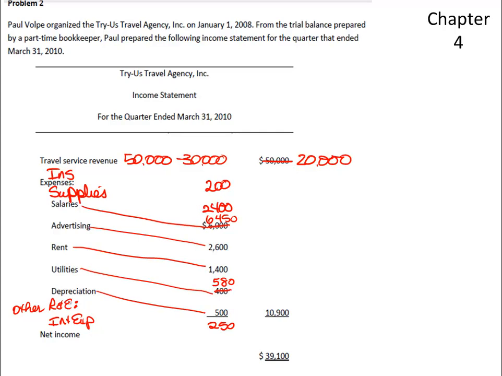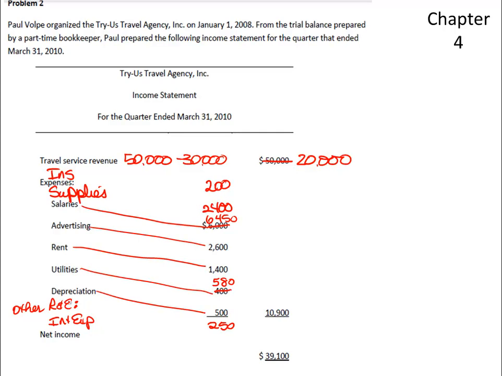We have salaries of $6,450. Advertising remained unchanged. Rent expense remained unchanged. Utilities expense increased because we received that bill. Depreciation remained unchanged, and we added supplies expense of $2,400, insurance expense of $200, and interest expense of $250.